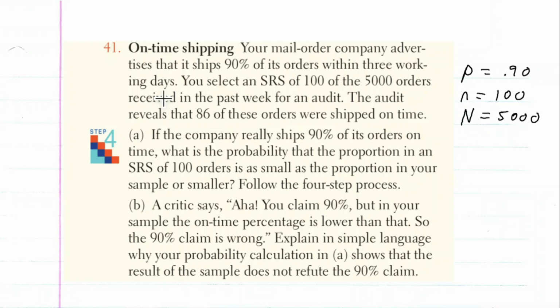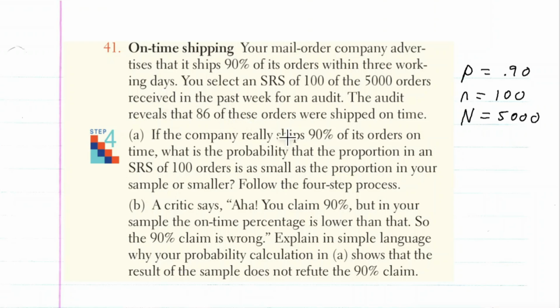The audit reveals that 86 of the orders were shipped on time, so 86 out of the 100 were shipped on time. If the company really ships 90% of its orders on time, what is the probability that the proportion in an SRS of 100 orders is as small as the proportion in your sample or smaller? Follow the 4-step process.